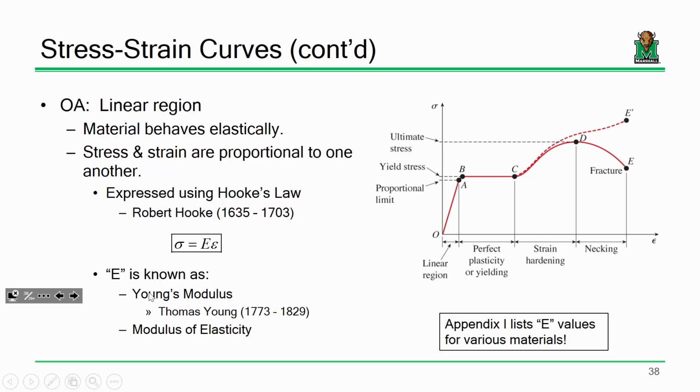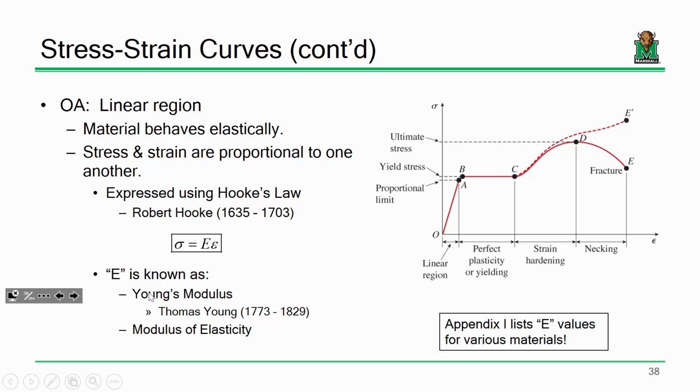The idea is that this applied stress and this resulting strain in this linear range are proportional to one another through this constant E. Now, E is a material characteristic. There are different values of E for steel than for aluminum, than for concrete, and so on.